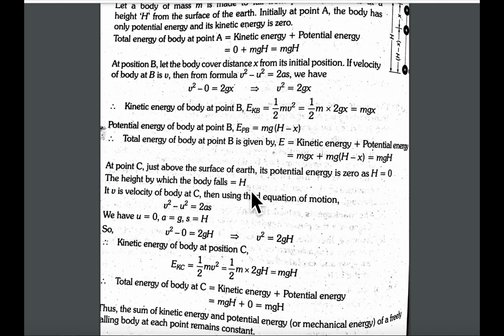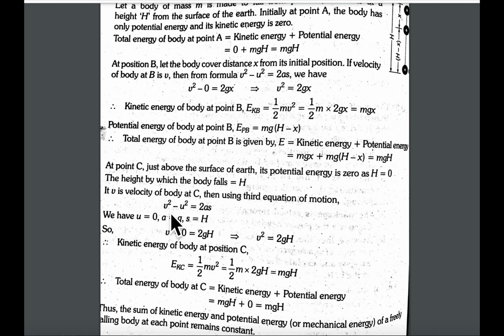Now calculate at point C. Point C is just above the earth. So height is equal to 0, means mgh is also 0. Potential energy of the object is also 0.